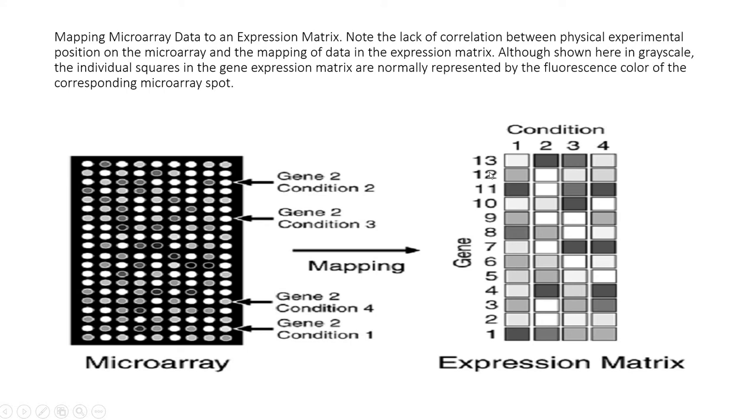So the total number of genes is 13 and the total number of conditions is 4. This is called the expression matrix. What we are seeing on the right hand side is called the expression matrix, and this is the microarray slide.